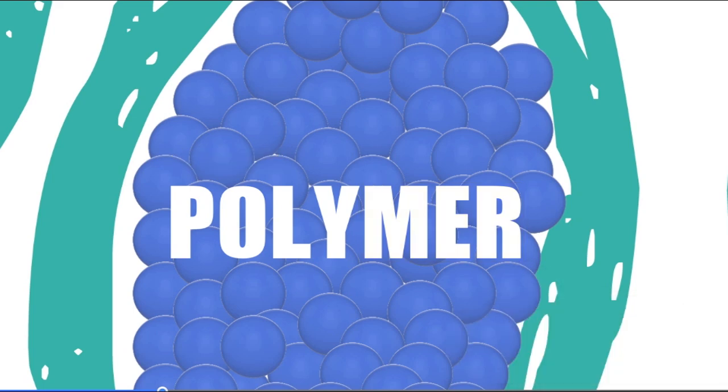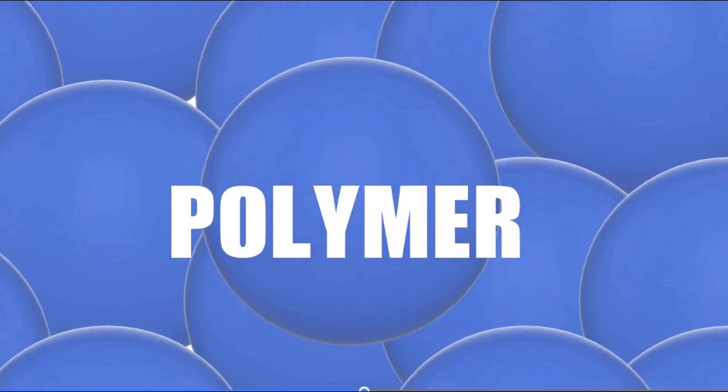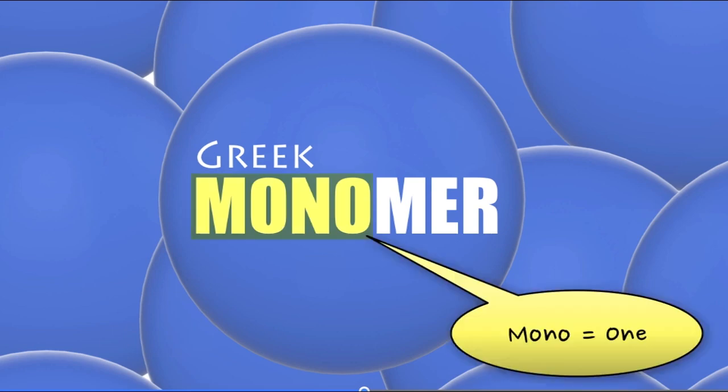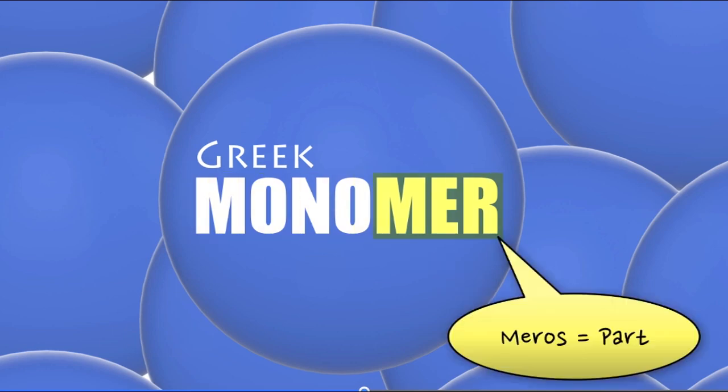Simple definition. Now, of course, these parts are this blue ball that you can see here representing a monomer, which also comes from Greek, where mono is one and mero is part. So one part of that large molecule that we talked about, the polymer.